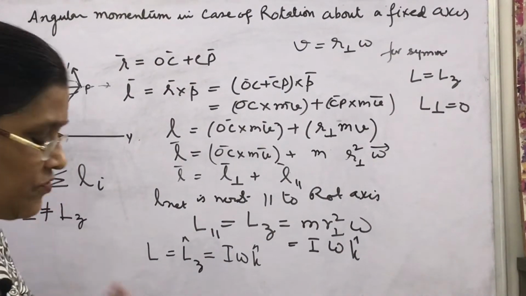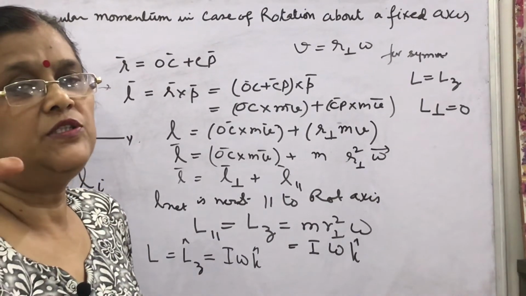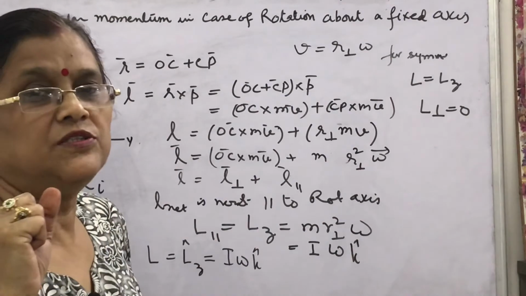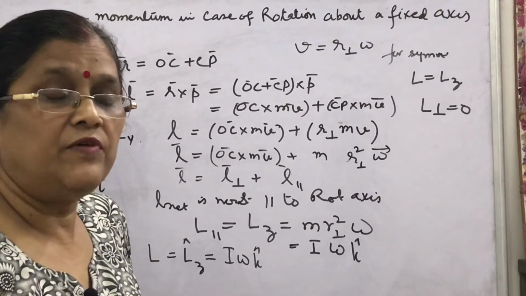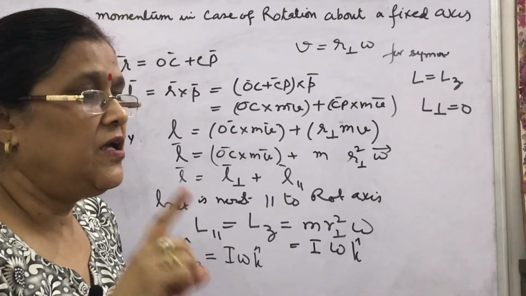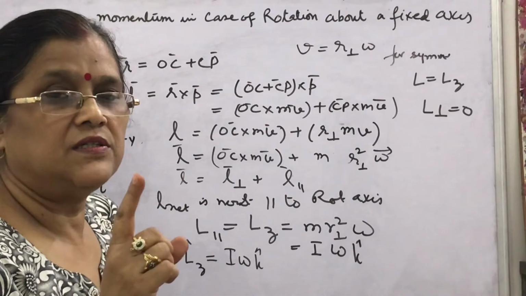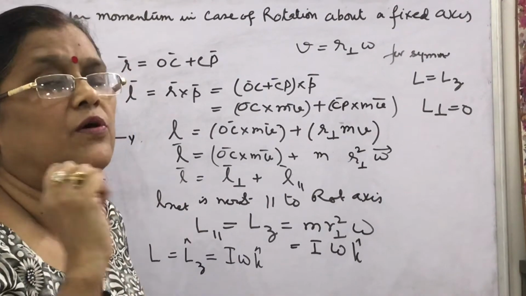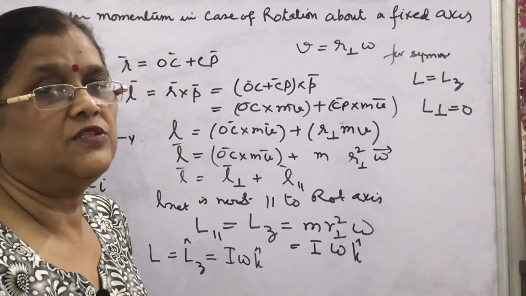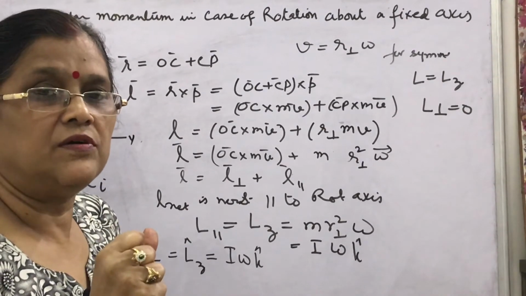How? We have seen in linear momentum that if the net external force on an object is 0, then its linear momentum will remain conserved. Similarly, if the object is rotating about a fixed axis and there is no external torque acting on it, then its total angular momentum will also remain conserved.